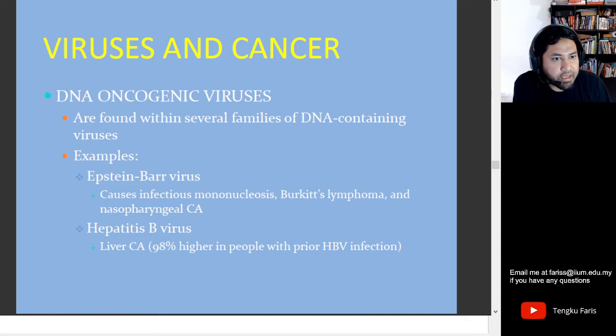Viruses and cancer, again, we have the DNA oncogenic viruses. They can be found within several families of DNA containing viruses like the Epstein-Barr virus, or EBV. They cause infectious mononucleosis, Burkitt's lymphoma, and nasopharyngeal carcinoma or cancer.